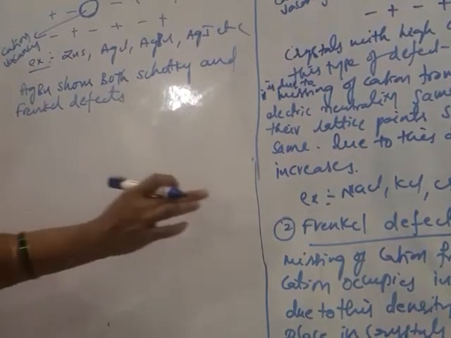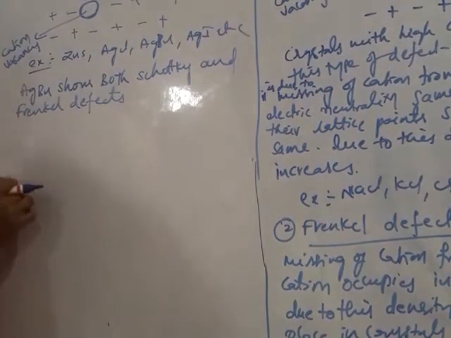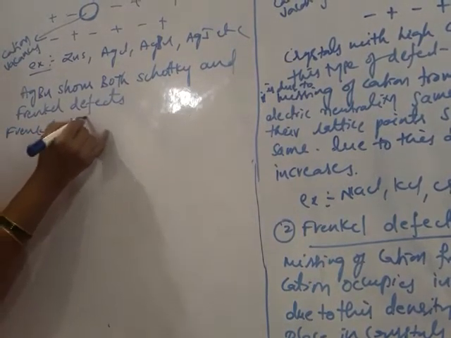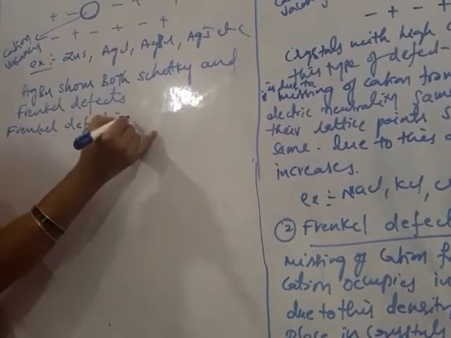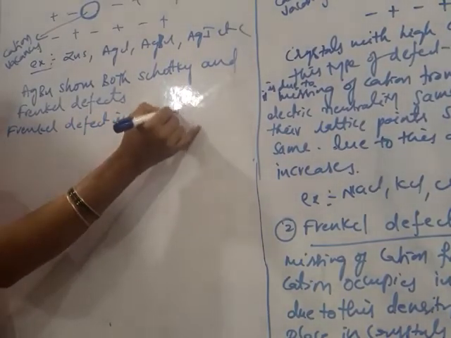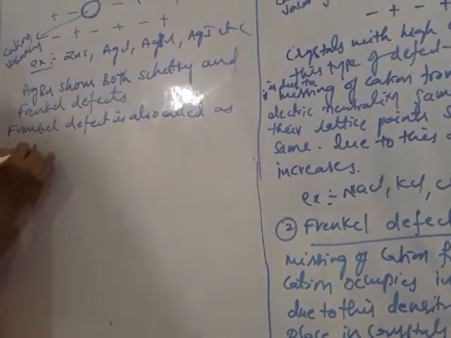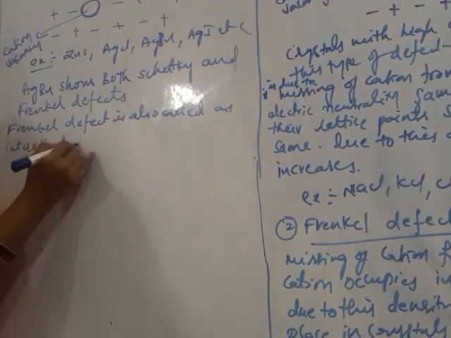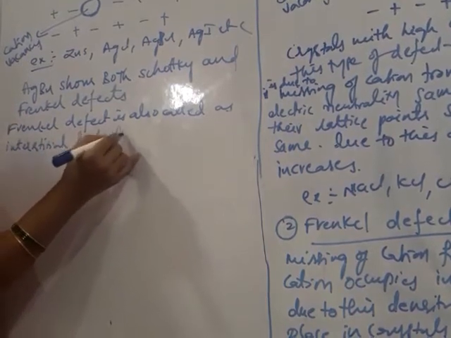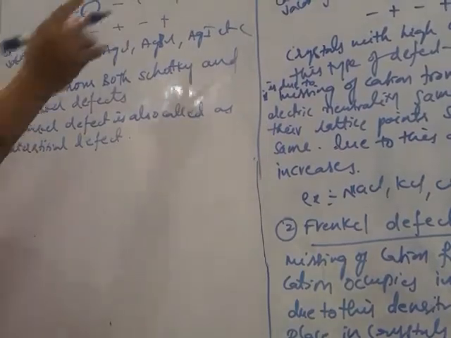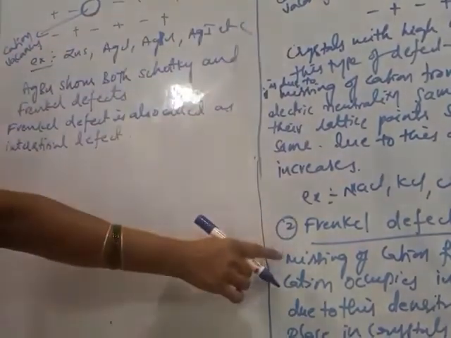That's why Frenkel defect is also called interstitial defect. So this is about stoichiometric defects: Schottky defect and Frenkel defect. Two types of defects.